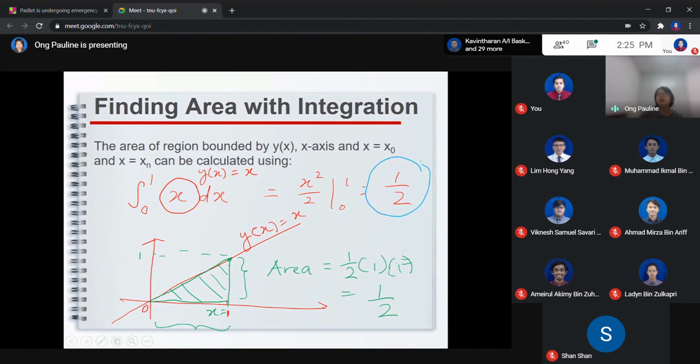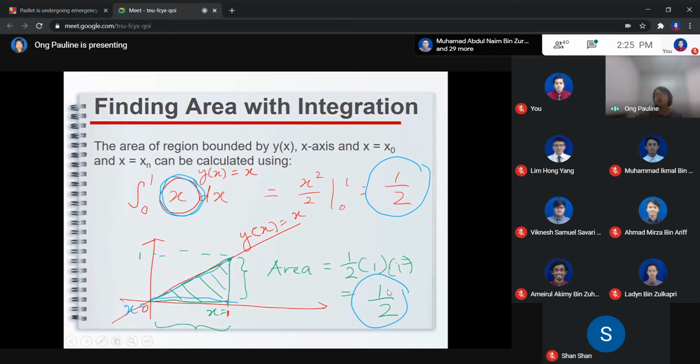This is equivalent to finding the area of the region bounded by the function y equals x, the line x equals 0, the line x equals 1, and also the x-axis. So you also get 1/2.